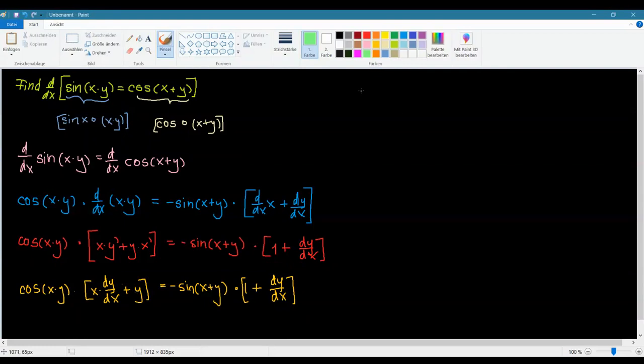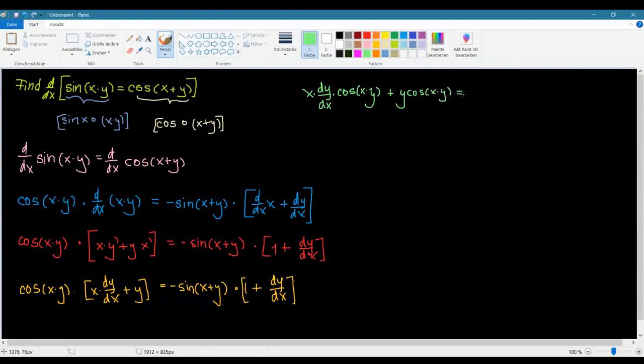So we're going to multiply cosine of x times y with x times dy over dx plus y. So we're going to end up with x times dy over dx. Actually, I'm going to move this over a bit. Otherwise, we're going to run out of space. So I'm going to end up with x times dy over dx times cosine of x times y plus y times cosine of x times y on the left.